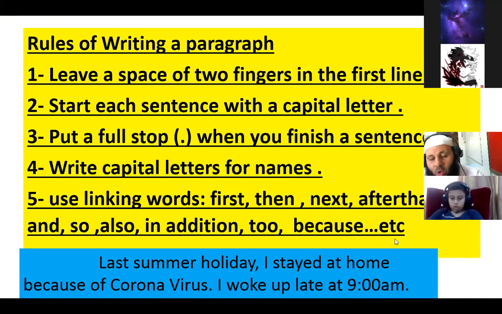Capital. So when you write the name of anyone anywhere in the paragraph, it must be capital. Only the first letter is capital. If you are writing about a game, the first letter is capital. So this is rule number 4: write capital letters for names.